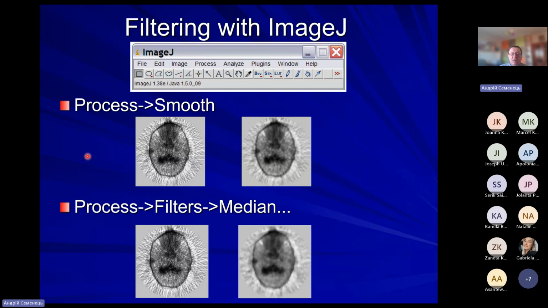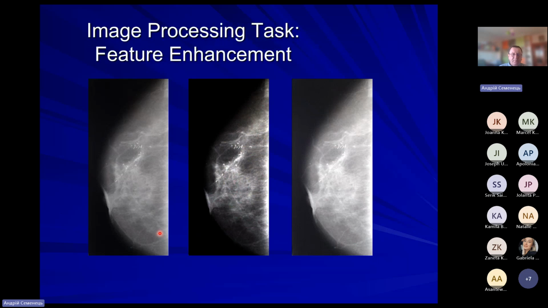In fact, there is no need to learn these formulas, but you have to understand the idea behind them, and this way it's possible to apply some kind of filter, for example.